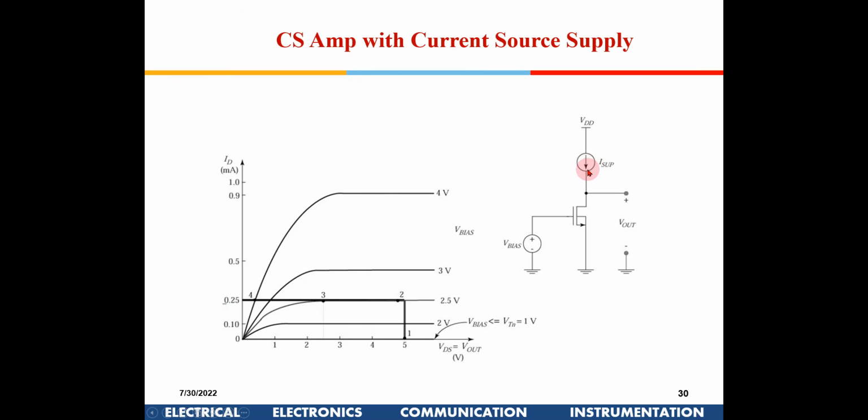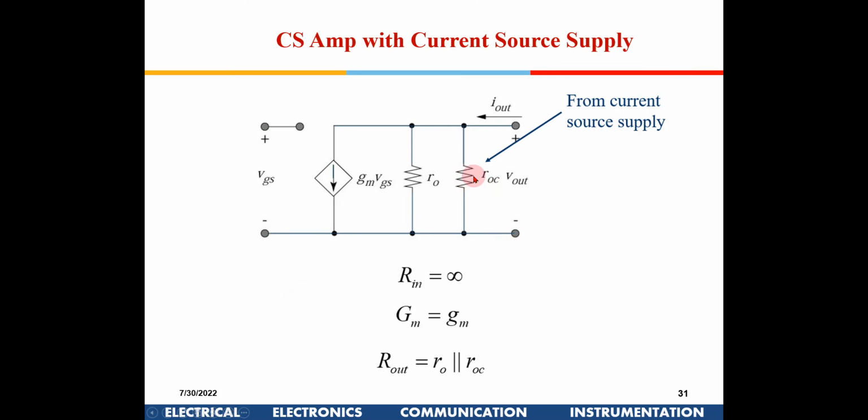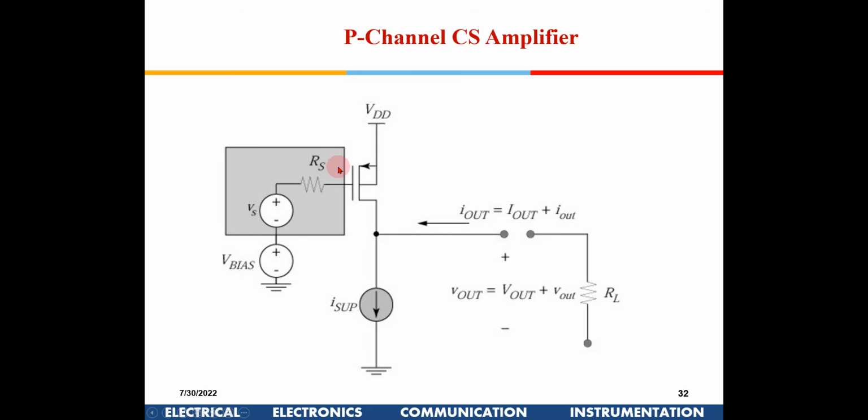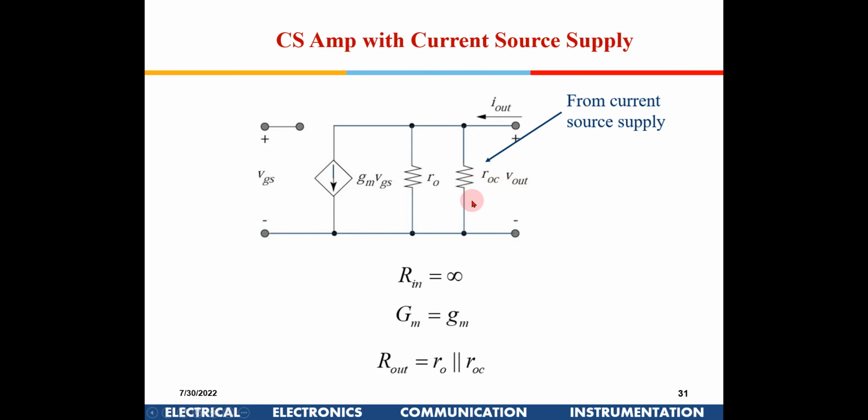And how to design this constant current source? This is R0 parallel to ROC. If I take a non-ideal current source, then this will be the resistance of that non-ideal current source. So this is one way of designing with a constant current supply source.